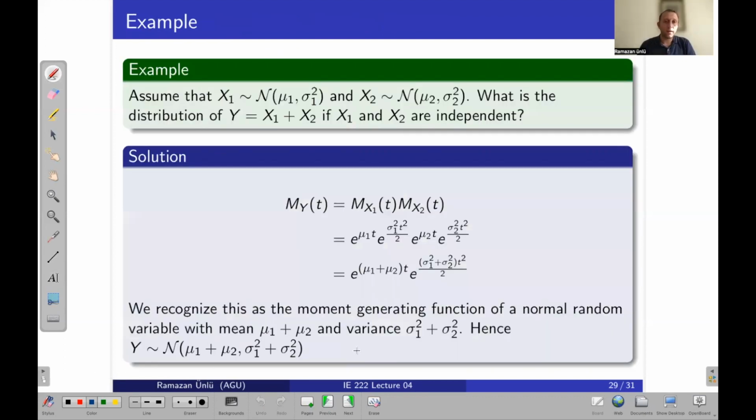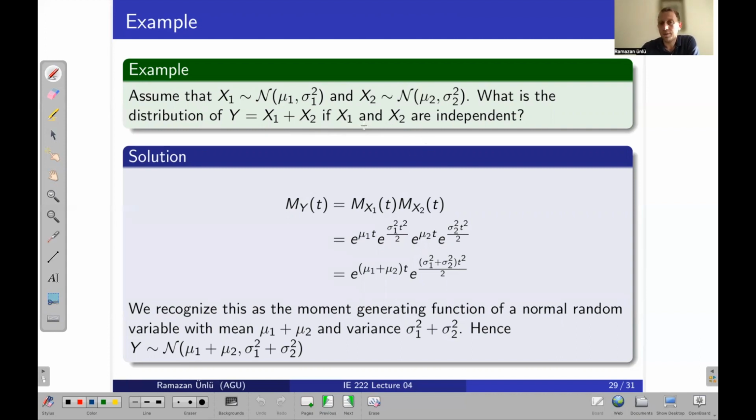Okay, let's look at another example. Assume that X1 is normally distributed with the parameters mu1 and sigma1 square, and X2 is normally distributed with the parameters mu2 and sigma2 square. What is the distribution of Y, which is equal to X1 plus X2, if X1 and X2 are independent?